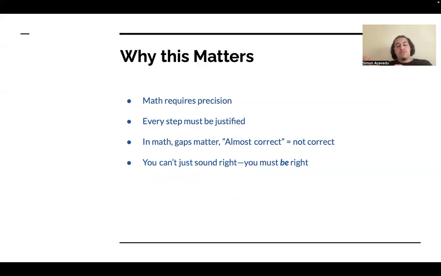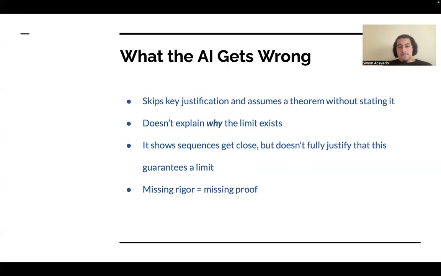It doesn't clearly, logically come up with the point that this guarantees a limit, right? It just shows the sequences get close and therefore this and this and this, but it doesn't fully justify that this guarantees a limit.